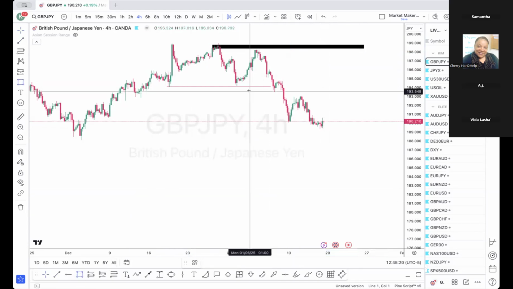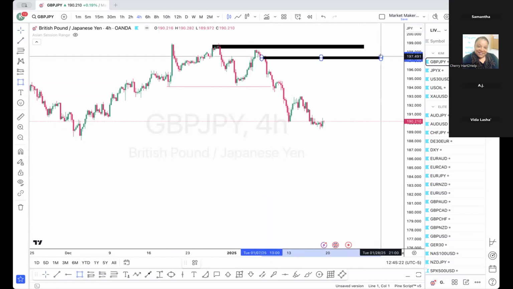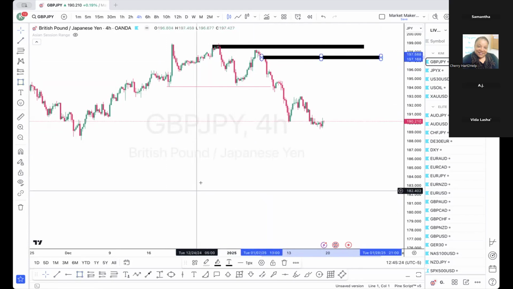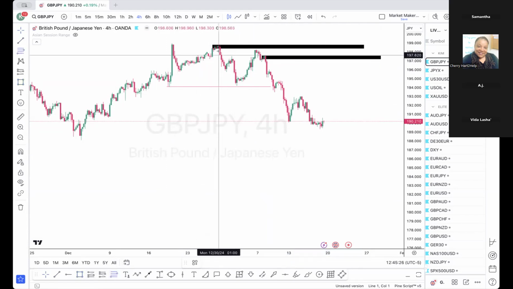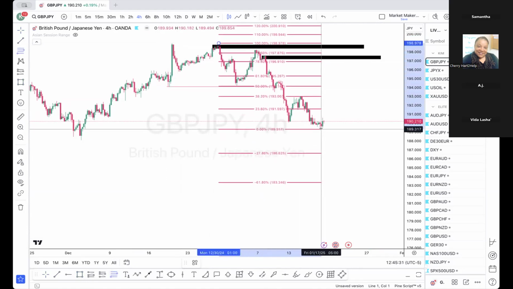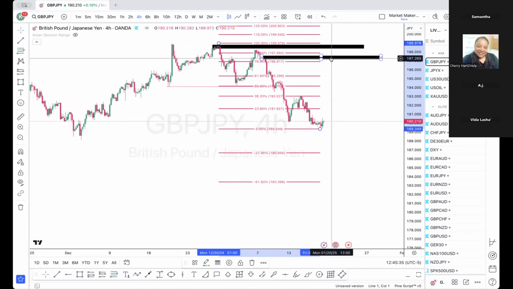And you know, I'm always looking for the 78 or around the 88. So as of right now, price can pull back to here and I'll be okay. I will be okay with a pullback up to here.